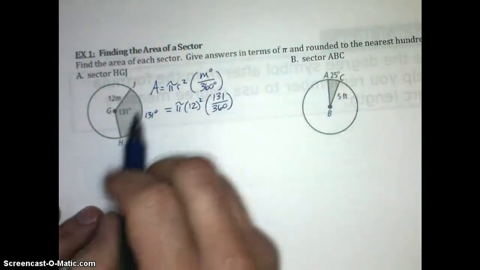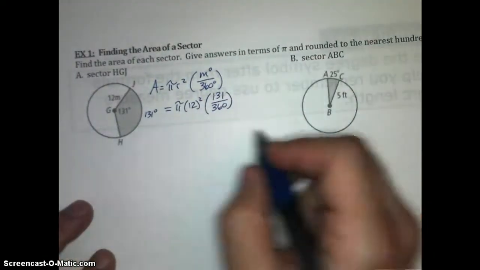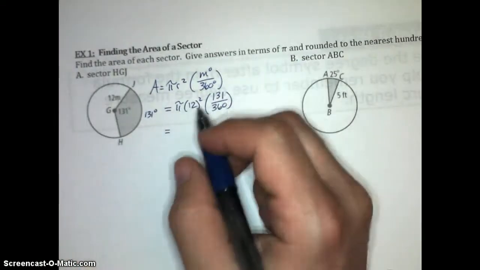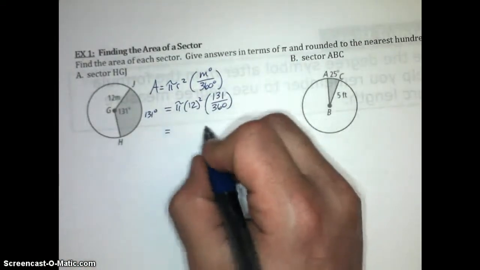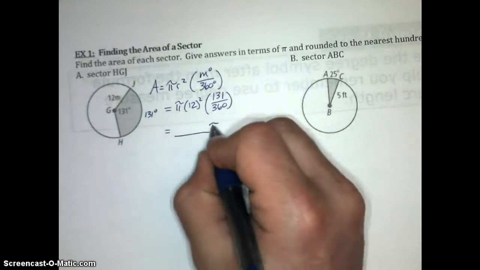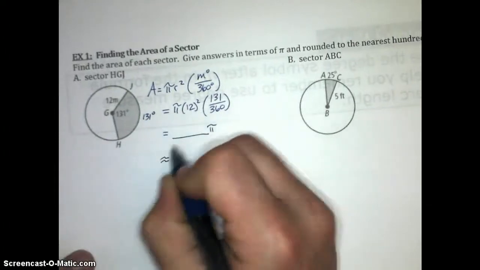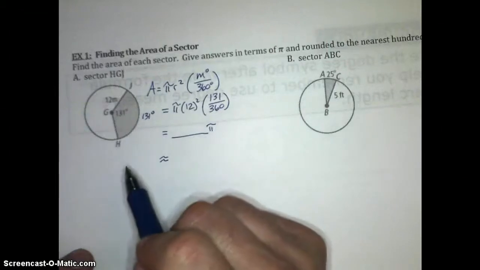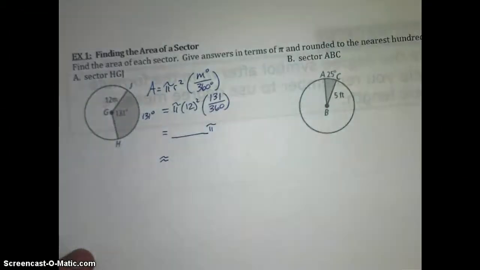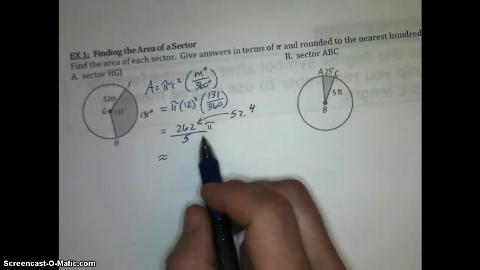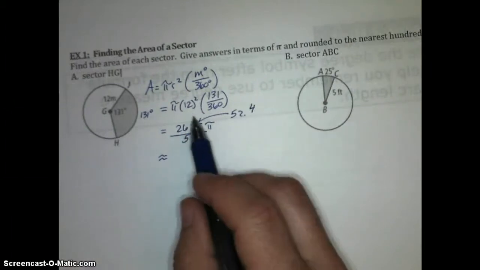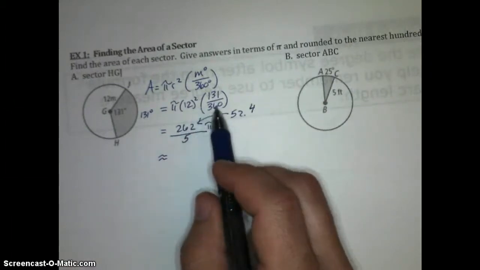Now, we are told to write our answers in terms of pi and round to the nearest tenth. So what we do here is we do 12 squared times this fraction, and then we also multiply by pi and round. I'm going to write it as the fraction 262 over 5 pi when we do 12 squared times 131 divided by 360.